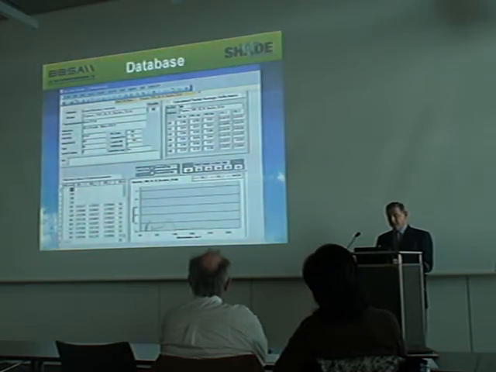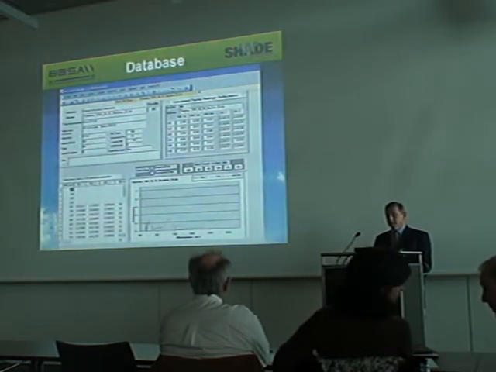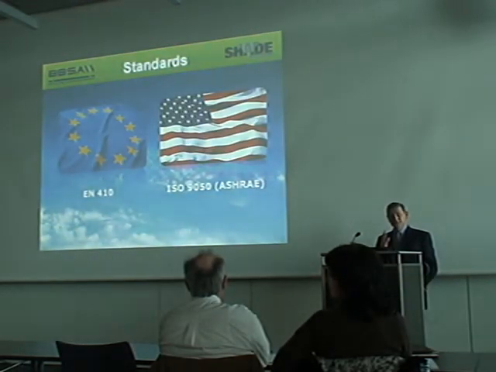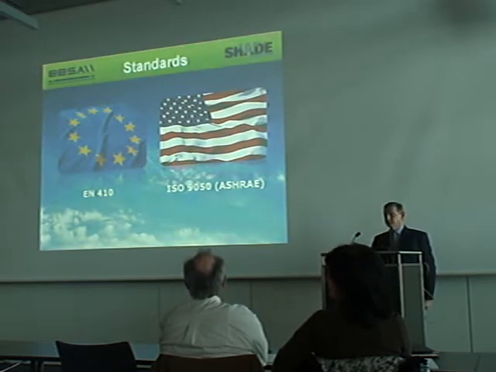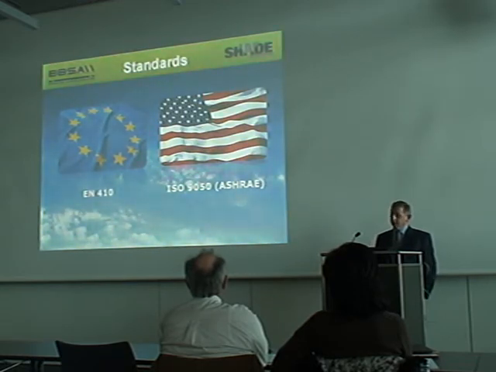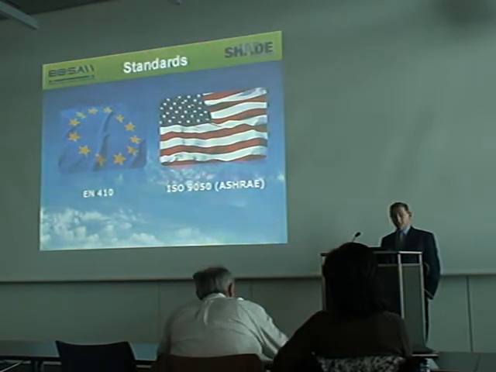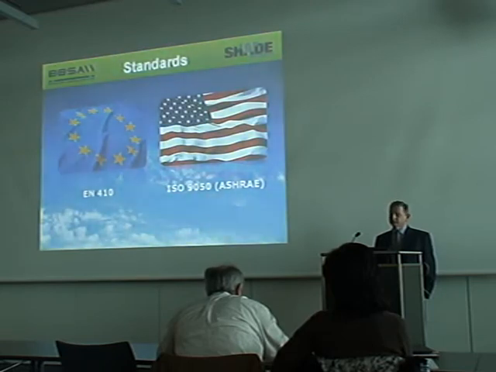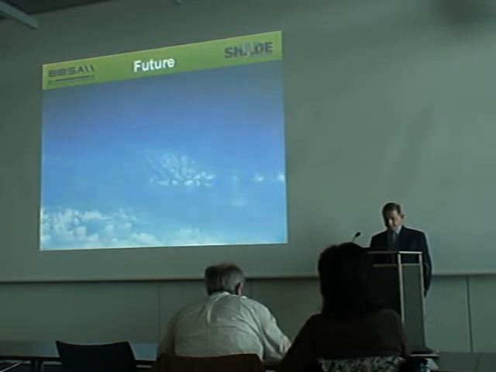And one of the key things is that it will be able to be used in a number of different forms, which is that we can produce the data from the database to the EN410 standard, but you can also choose to output the data to the ISO 9050 standard, which is the ASHRAE one. So if you're working in countries where you're working with architects, particularly from the US, then you can calculate all the data at the click of a button to that particular standard.